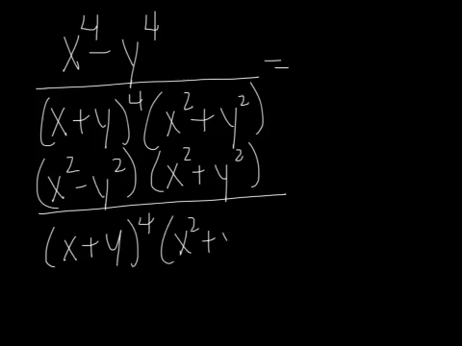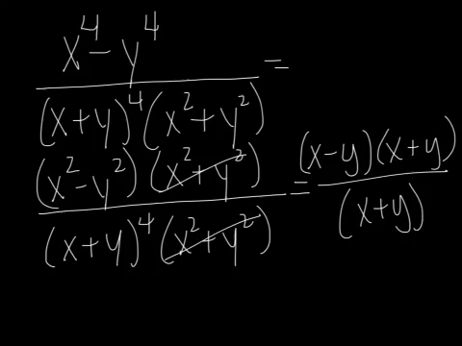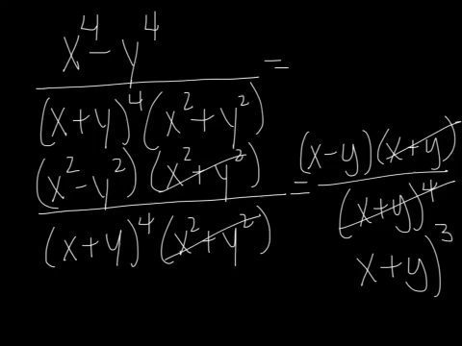Well, I see something automatically I can cancel, the x squared plus the y squared. Well, I see the difference of squares on top here. And if I have 4 on bottom and 1 on top, I can cancel that and make that x plus y all cubed. So this lesson today is all about factoring and factoring correctly.